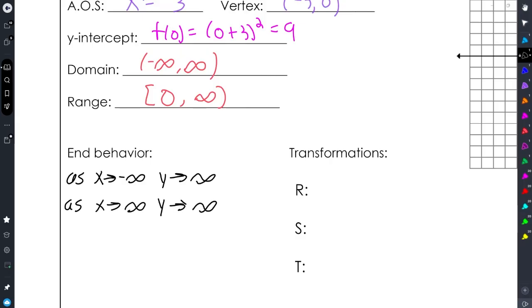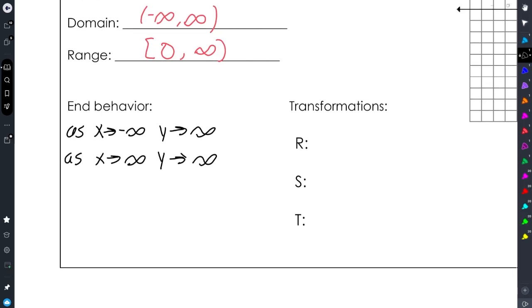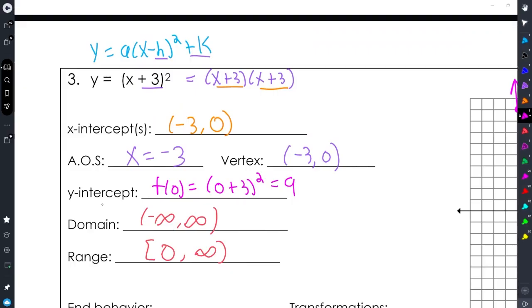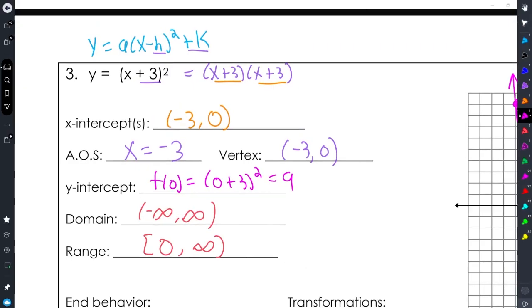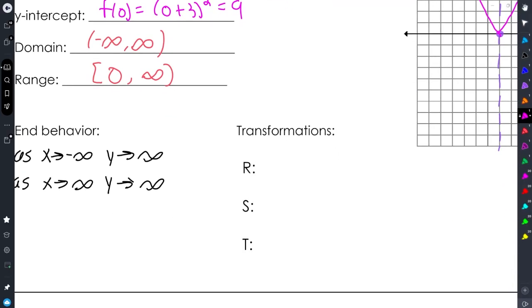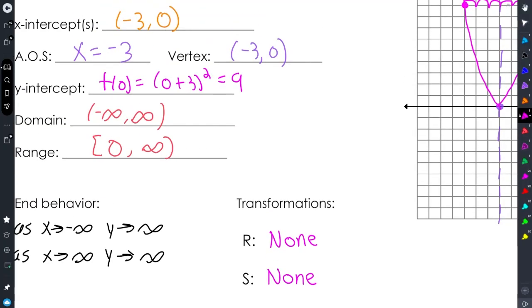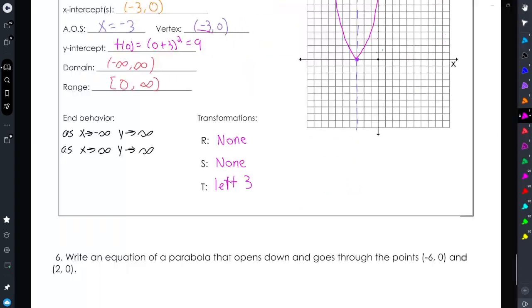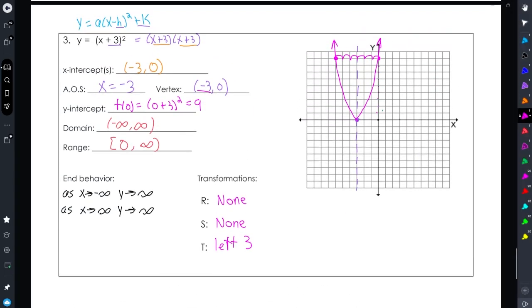So both ends are going to positive infinity. Our RST for transformations, there's nothing in front, no negative and no number. So that means there's none for reflection, none for shrink and stretch. And translation is just to the left 3. Left 3. So that's how this one would look.